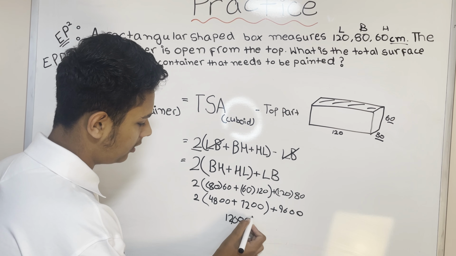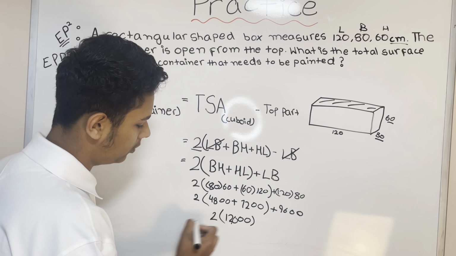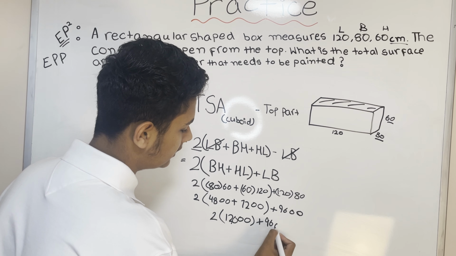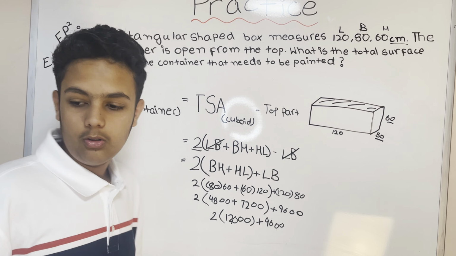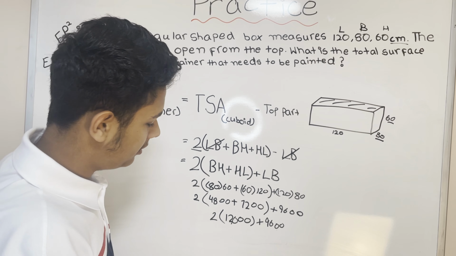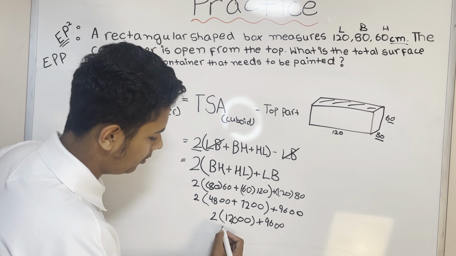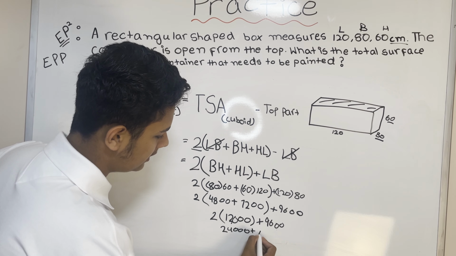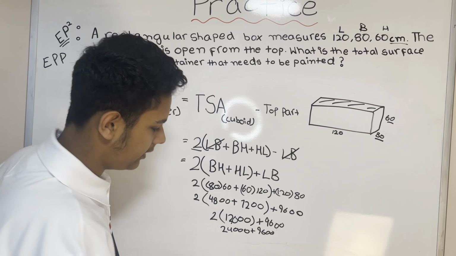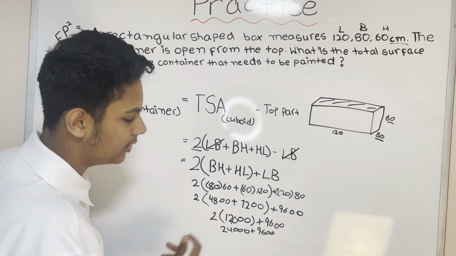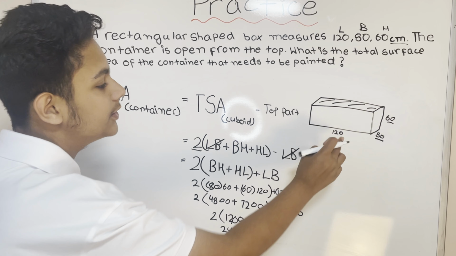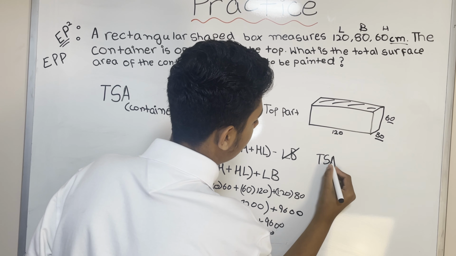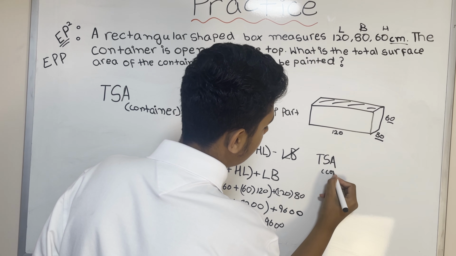Now this is all getting multiplied by 2 first, and then we have to add 9,600. So our calculation comes down to 12,000 times 2 is 24,000 plus 9,600. Now if we add 9,600, we're gonna get the total surface area of the container.